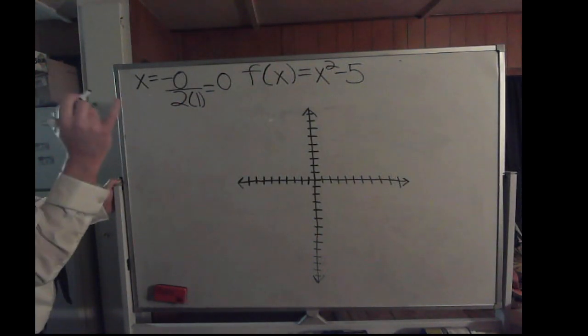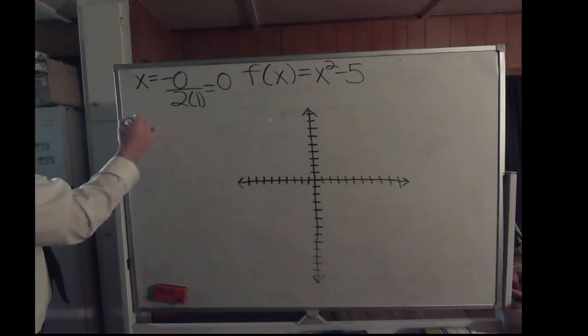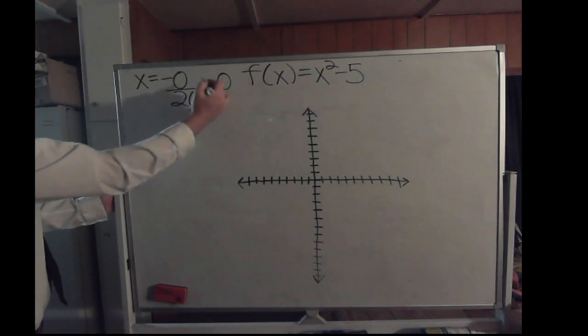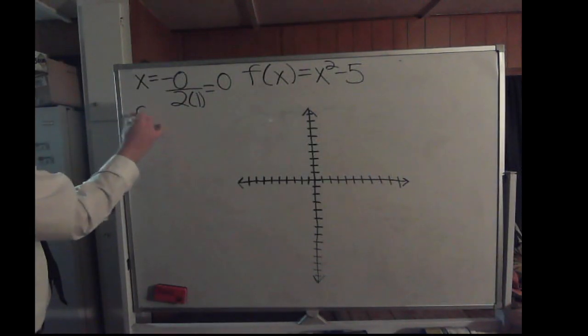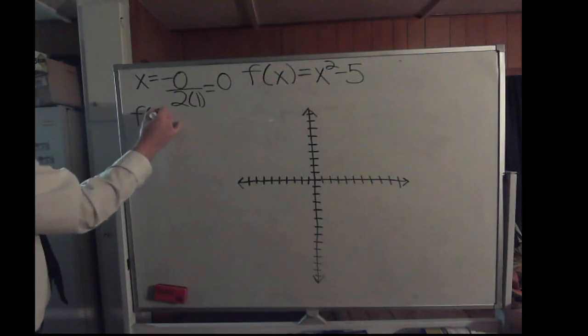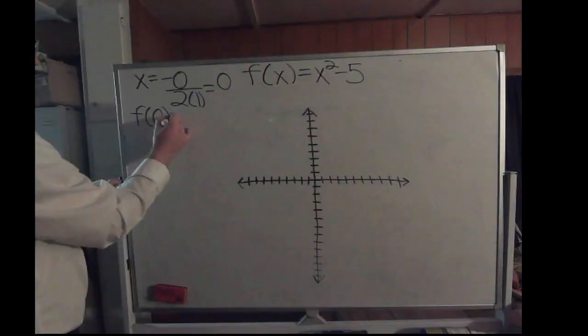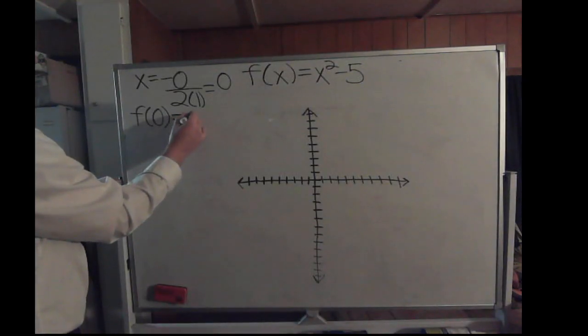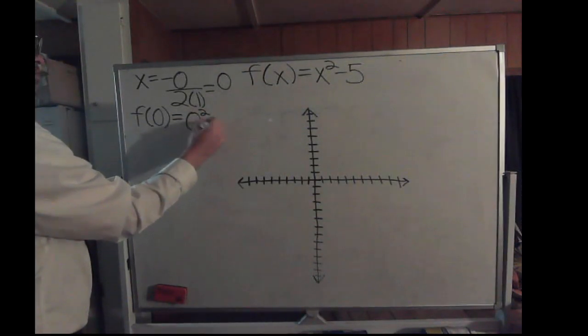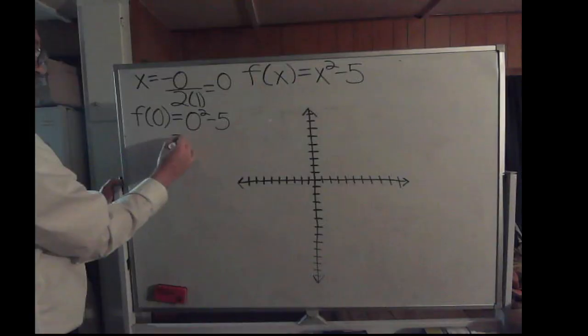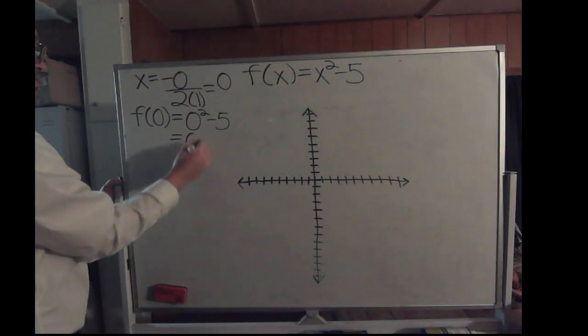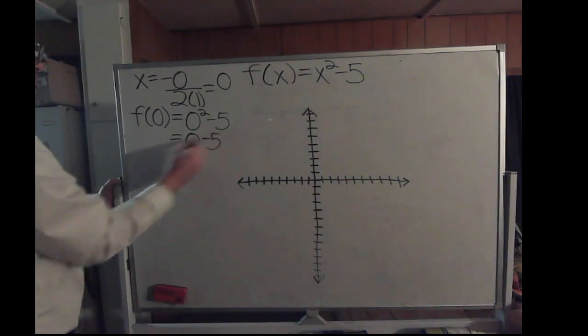Now we need to find the y coordinate of the vertex. In order to do that, you just simply put that x value you got into the function. That would be f of 0, which would mean you put in 0 to the second power minus 5. Well, 0 to the second power is 0, so you have 0 minus 5.